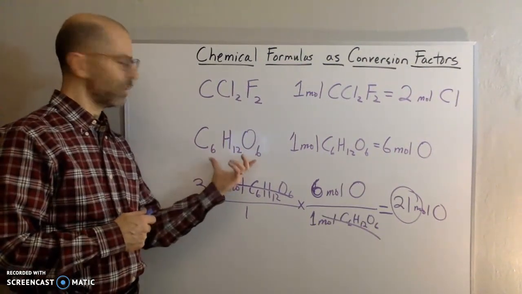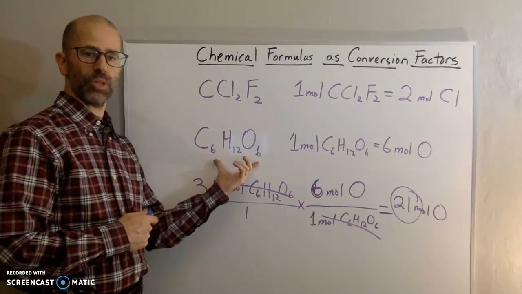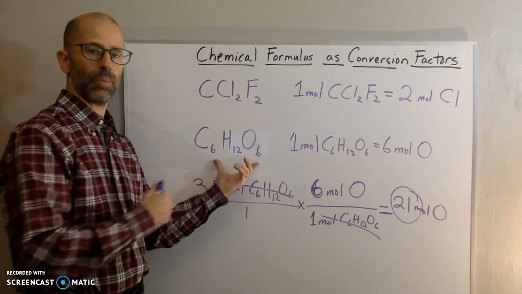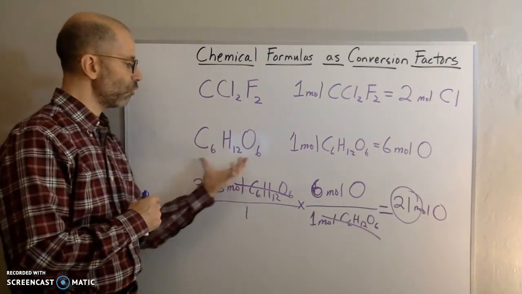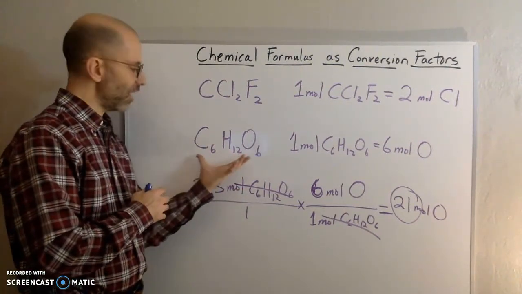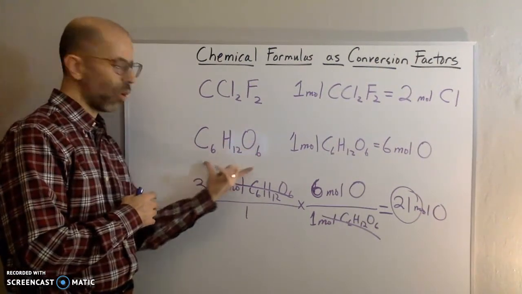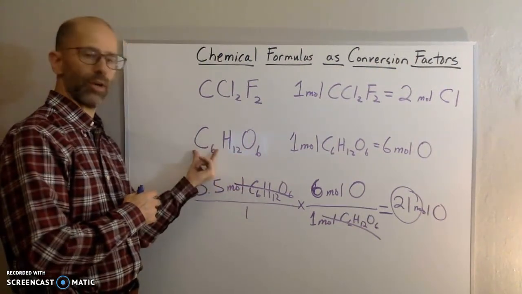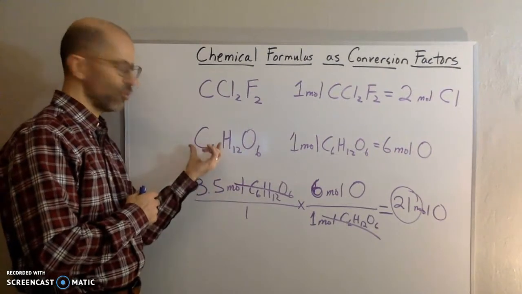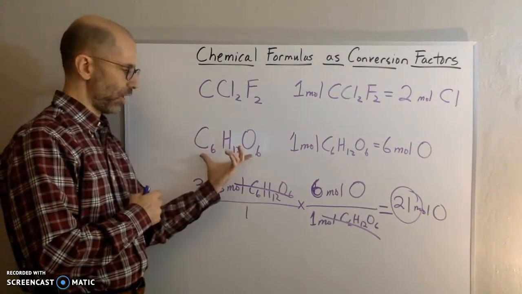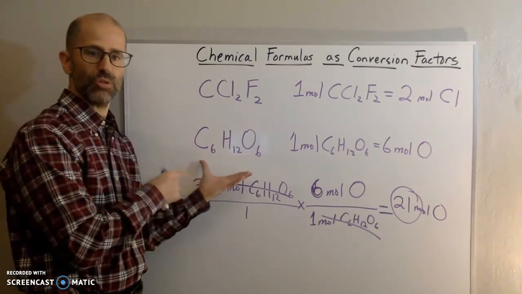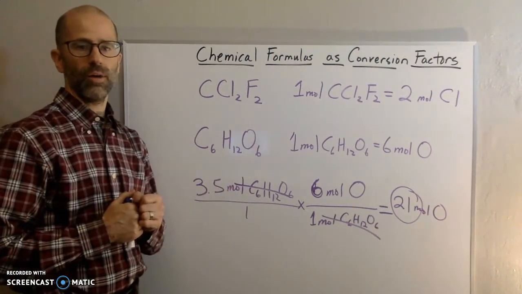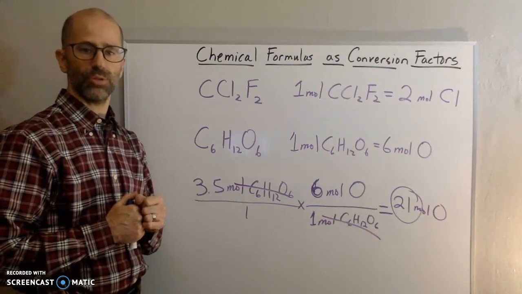So keep in mind that you can use the formula to go from whole to part or part to whole. So if you run into a problem where they give you the formula and they give you moles of the whole and they want a part of it, or if they give you moles of the part and they want to know the moles of the whole, then you have to realize that you need to use the mole ratio from your chemical formula to do that.